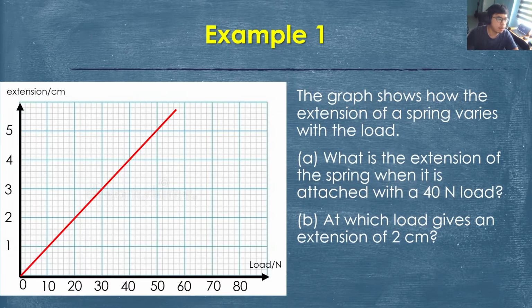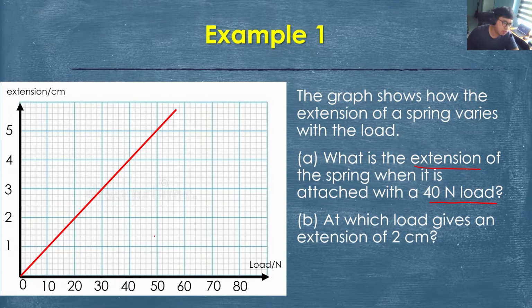So let's do example 1. This graph shows how the extension of a spring varies with the load. A, what is the extension of the spring when it is attached to a 40 Newton load? So how much is the extension if the load, or the force, is 40 Newton?